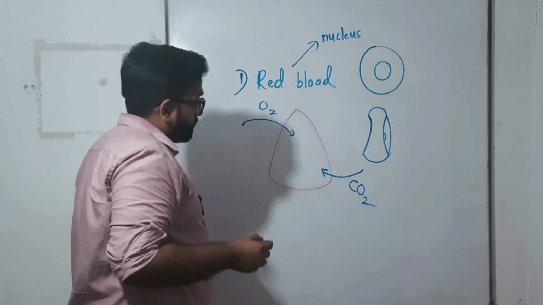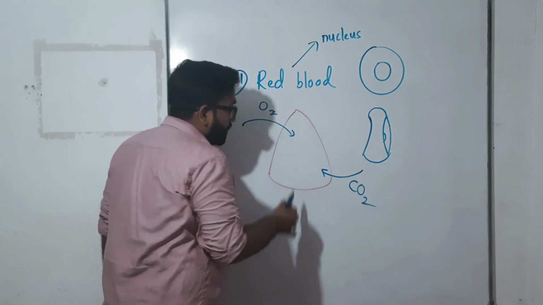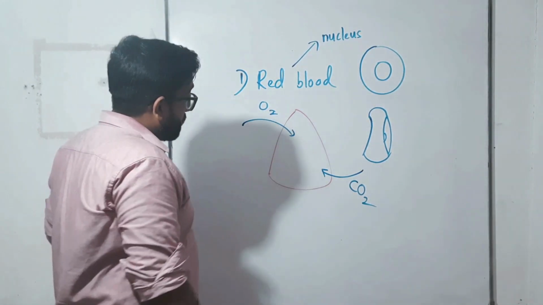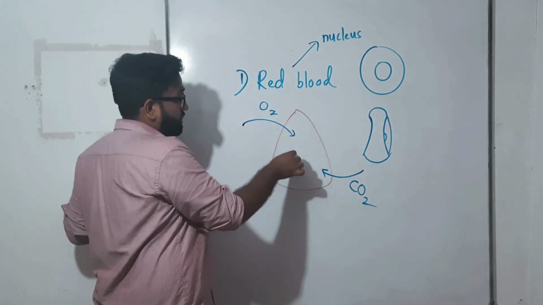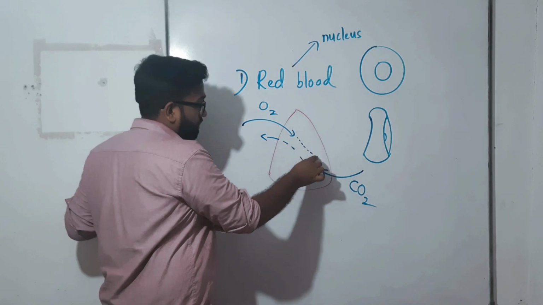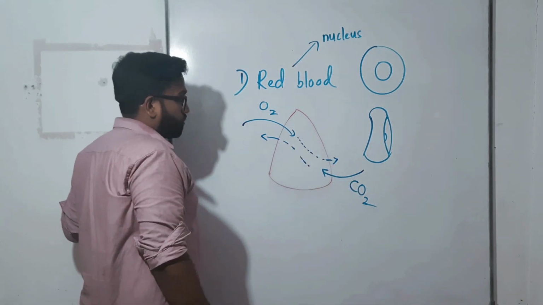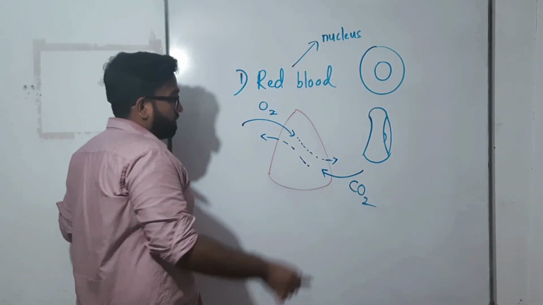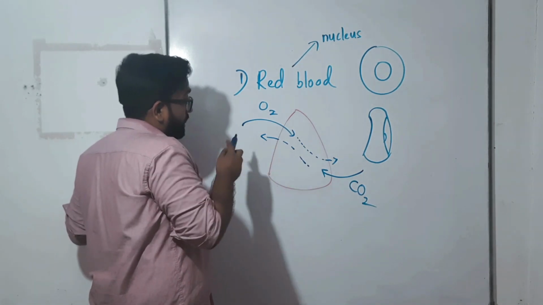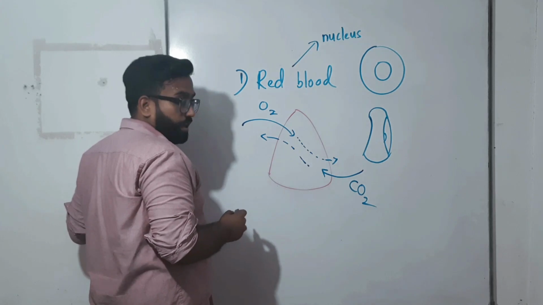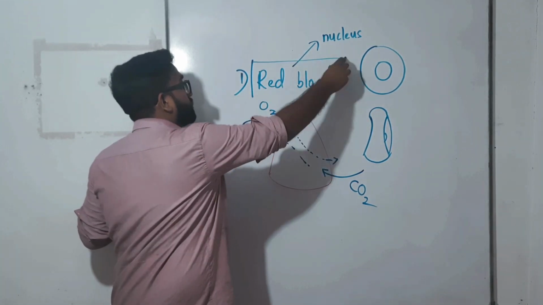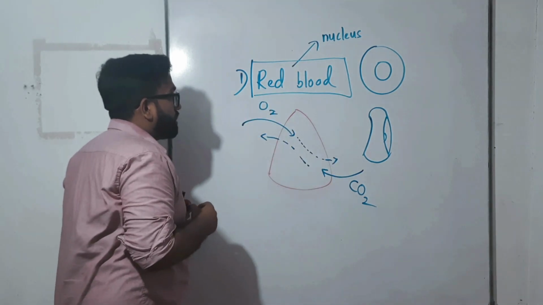Then what happens? Oxygen and carbon dioxide are exchanged inside the lung. Carbon dioxide is gradually released out, and oxygen is gradually taken inside. So that process is also done with the help of red blood cells. That is also a major important point you need to identify here. So that is the major function done by red blood cells.